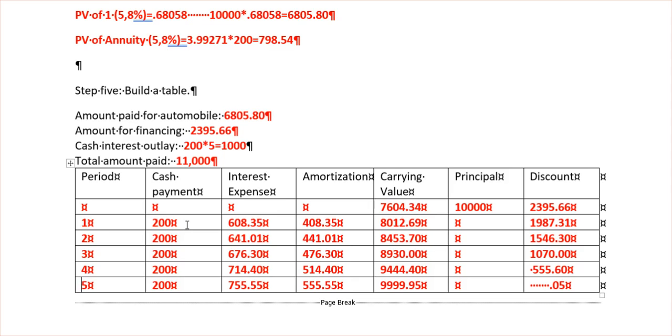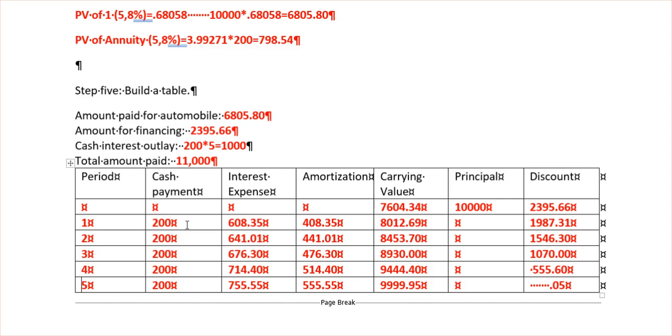Well, your journal entry, when we get to those, will be interest expense debited, and it will be cash credited. And if you have interest expense debited and you have cash credited, you recognize your journal entry is off by $408.35. Therefore, the $408.35 is the amortization of the discount.